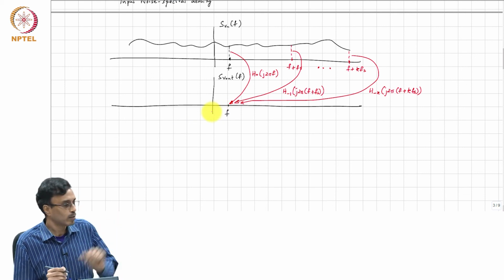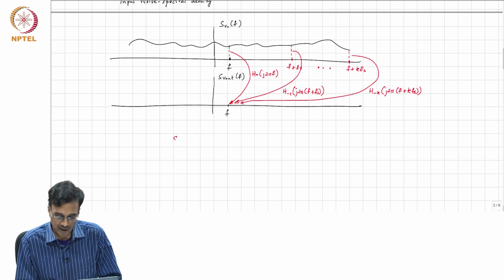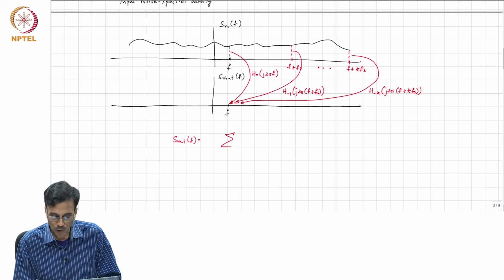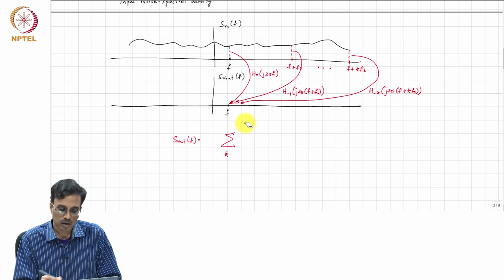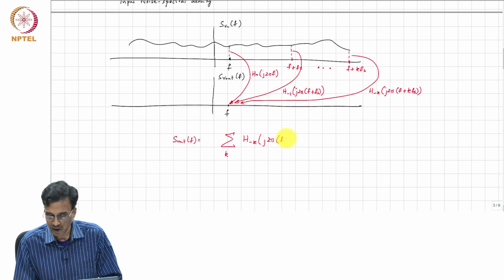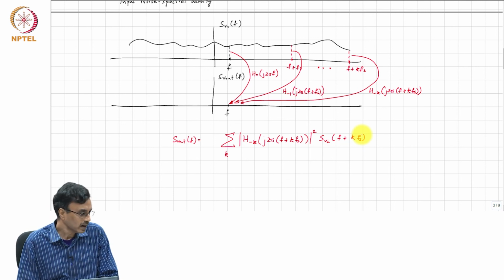If you put a narrowband filter at f and measure the average power that is coming out, what you would expect to see is S V out of f, which is the sum over all k of mod h sub minus k of j 2 pi f plus k fs mod square times S V in of f plus k fs, all right.